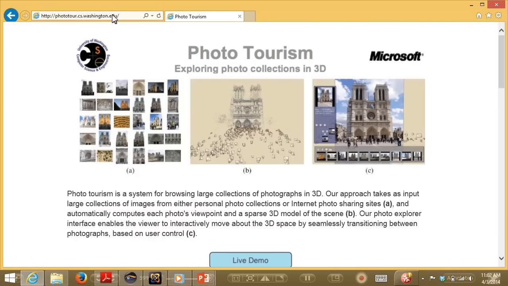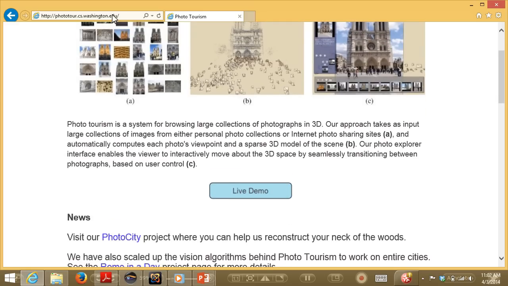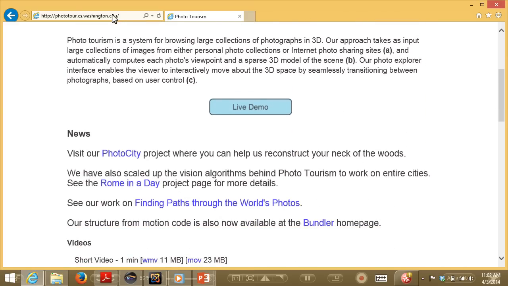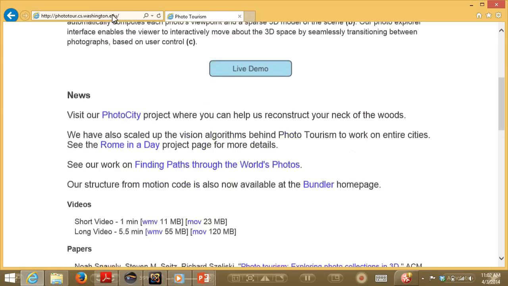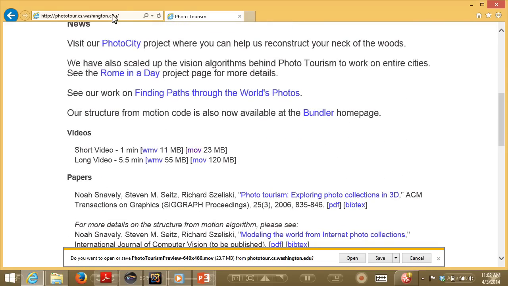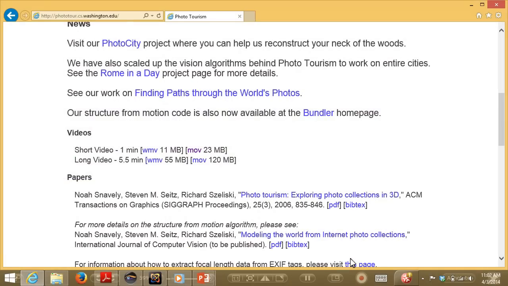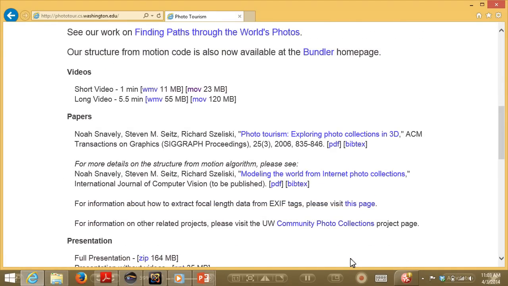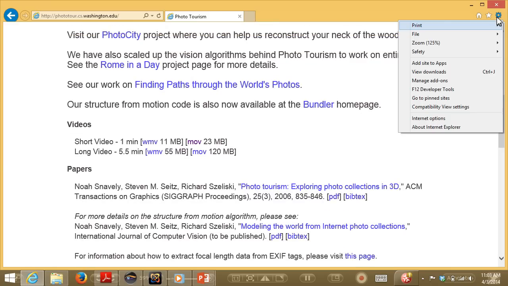So the idea here is kind of what I was talking about. Oh, live demo. I'm not sure I want to hit this button because I don't know what's going to happen. But let's see if we look at the short video here. If you open it up with the regular desktop one, it'll play, apparently the modern one doesn't play.